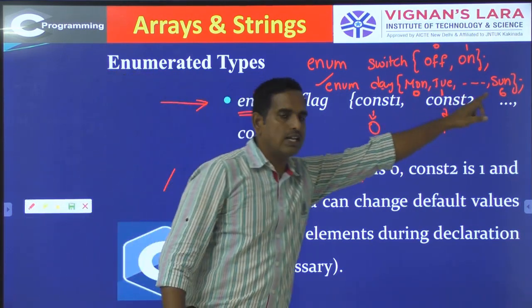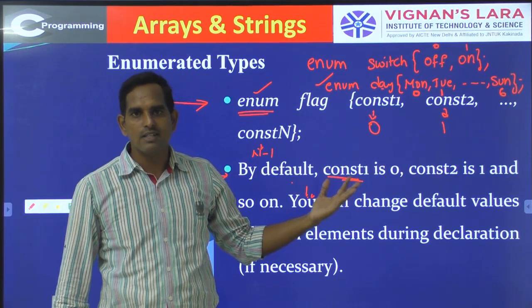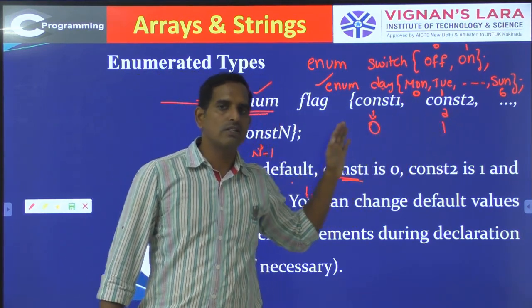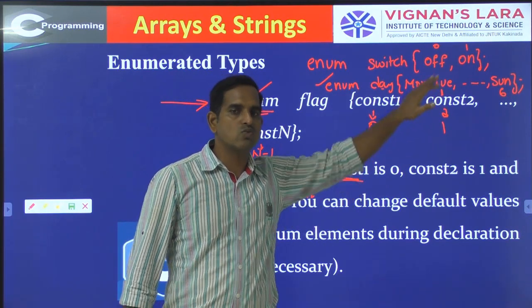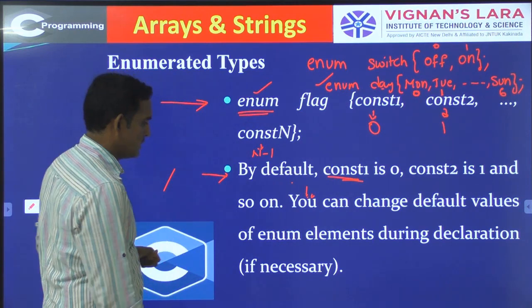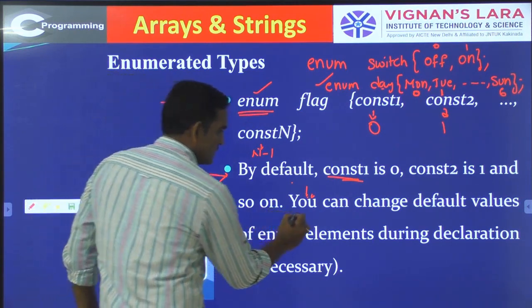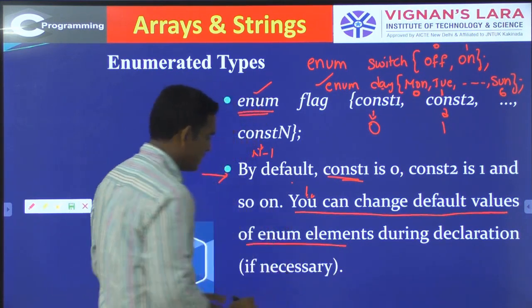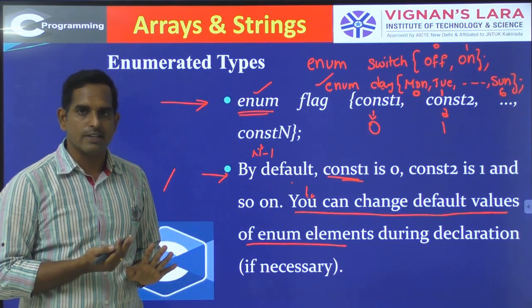If you started the list with Sunday, then Sunday would be given as 0. By default, based upon the list you have given, the integral constants will be assigned to your particular list. Then you can change these default values of enumeration elements during declaration if necessary.